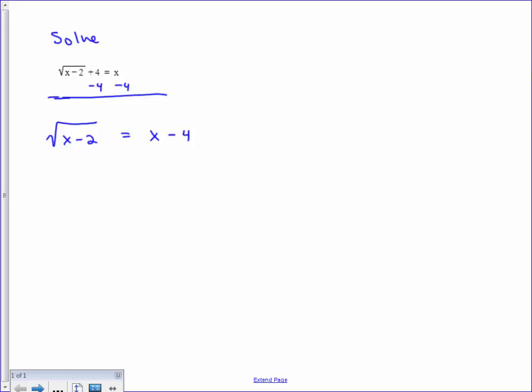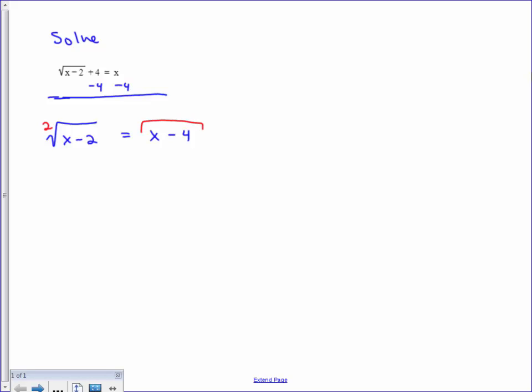Now this equation is very different from any that we've seen so far having to do with solving radical equations. And the reason I say that is on the right hand side there is a variable involved. In the past we have only had a constant value there. This is a worry because in this case we have a square root, and we know that square roots must be equal to positive values by definition.